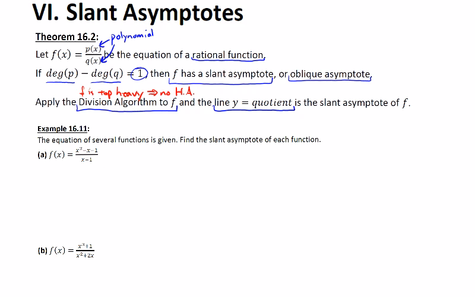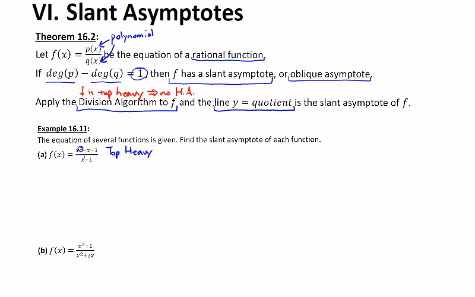So example 16.11 is going to give us an opportunity to practice this. It says the equation of several functions is given. Find the slant asymptote of each function. And we have here a top-heavy rational function. I'll notice that the degree of the numerator is 2.